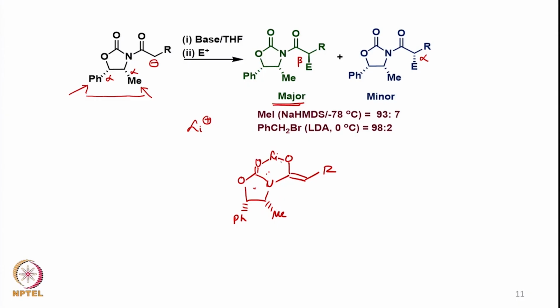But if this particular chelate formation is somewhat loose, then there is a rotation around here, and that can lead to the E-enolate forming, and that will lead to less selectivity. That is why, as you can see, one selectivity is 98:2, the other is 93:7. Therefore, generally as we have seen, lithium and boron enolates are better in terms of achieving better selectivity.